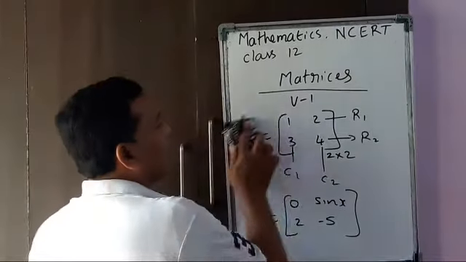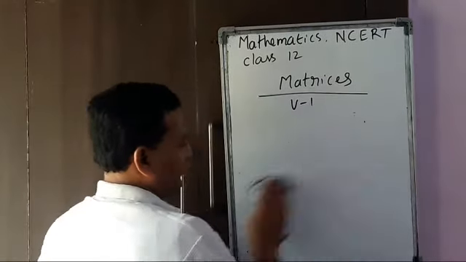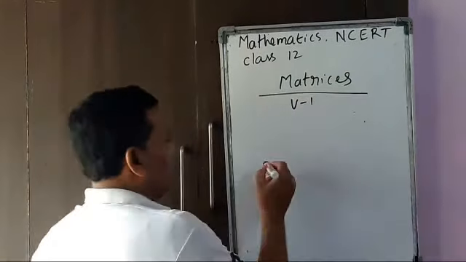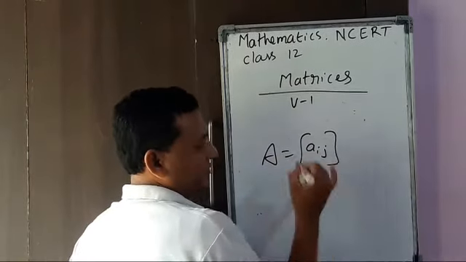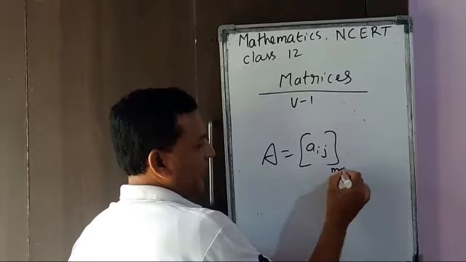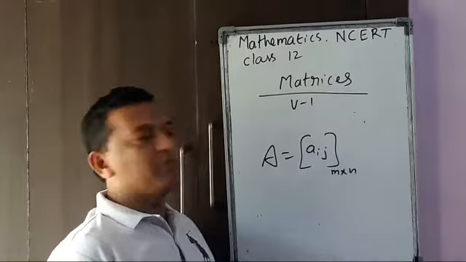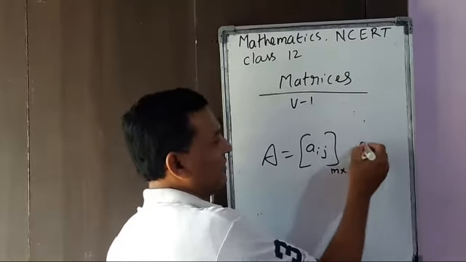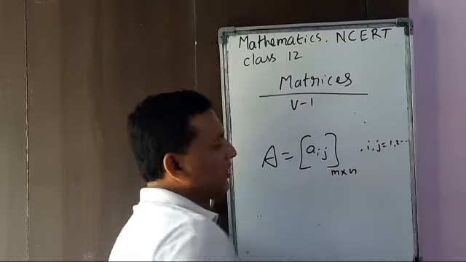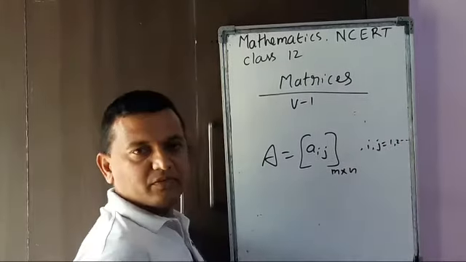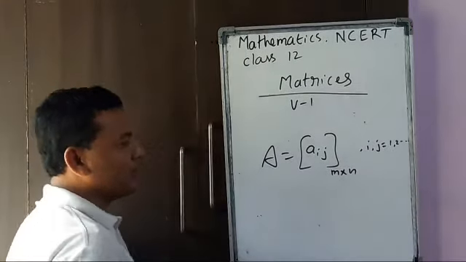Now we can write this algebraically like this. A equal to Aij, order m cross n. So this small letter a represents the element. This i and j are natural numbers, or you can say positive integers.